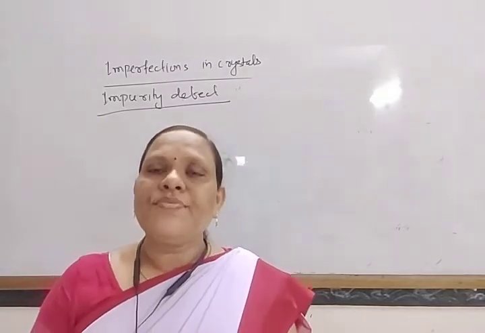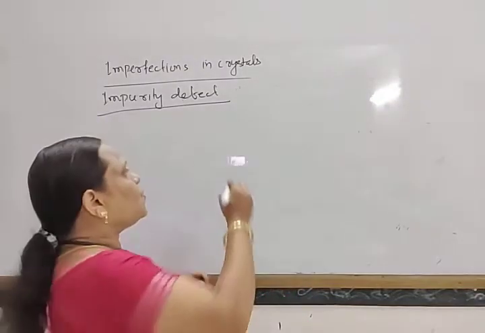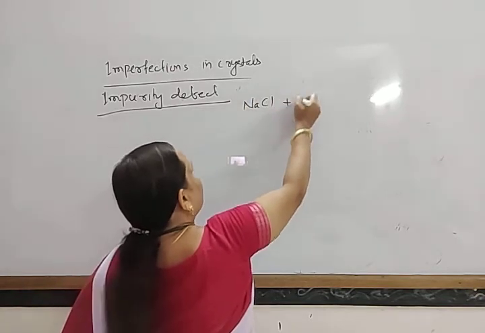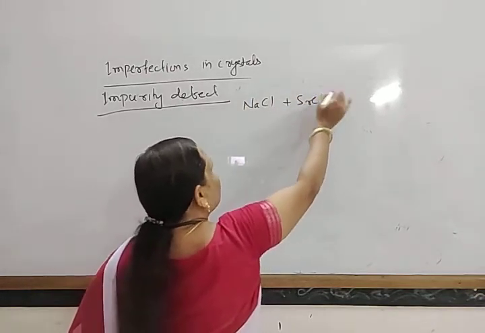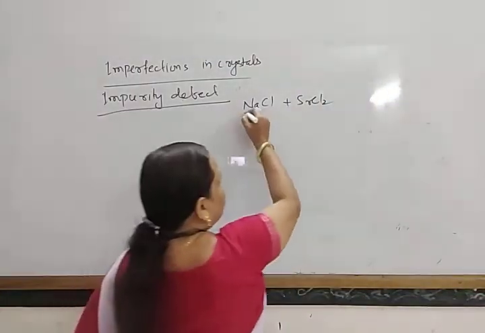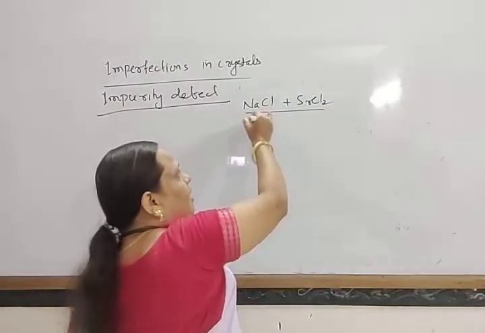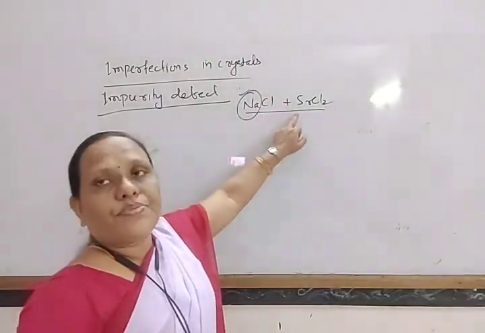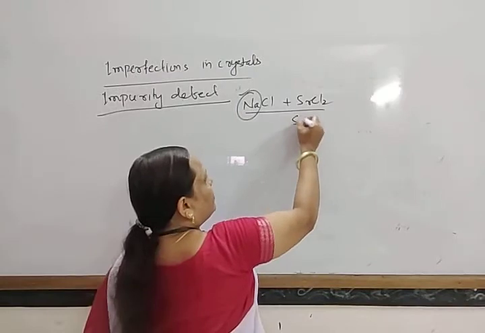For example, in the crystallization of sodium chloride, if some amount of strontium chloride is added in the solution, then in the crystal lattice, at the lattice site of sodium ion, some of the Sr2 plus ions remain.